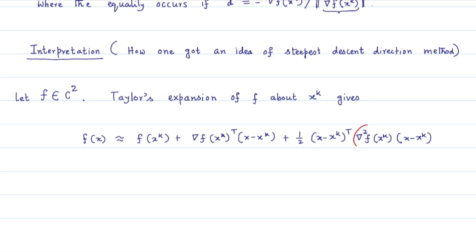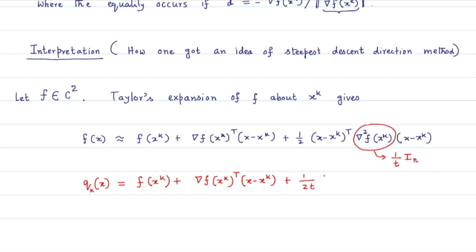Now if we replace this Hessian by the matrix 1 upon t times the identity matrix of order n, where t is a real number, a scalar, then we consider an approximation of the function f at the current iterate xk, say qk(x), given by the expression f(xk) plus gradient of f at xk times (x minus xk) plus 1 by 2t norm of (x minus xk) square.